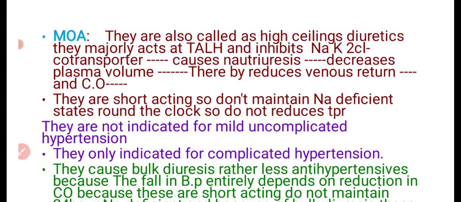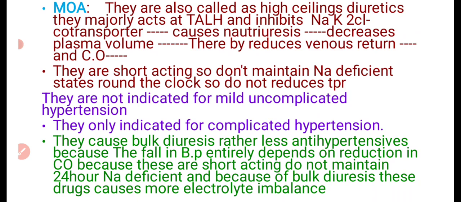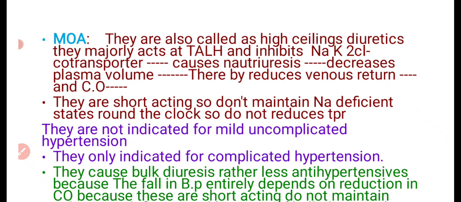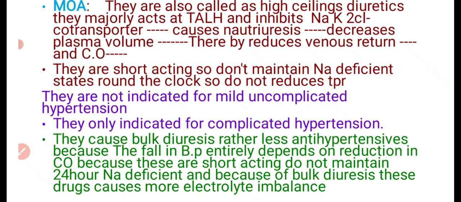They are short acting and do not maintain round the clock sodium deficiency, so they do not reduce the total peripheral resistance. The mechanism of action is only decreased cardiac output, but because of high efficacy they cause bulk diuresis, which causes electrolyte imbalances.